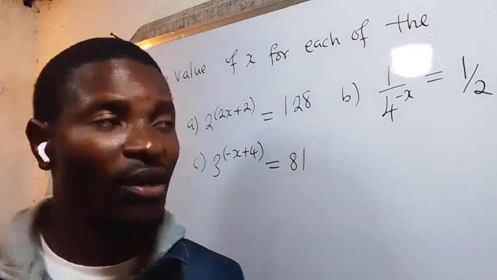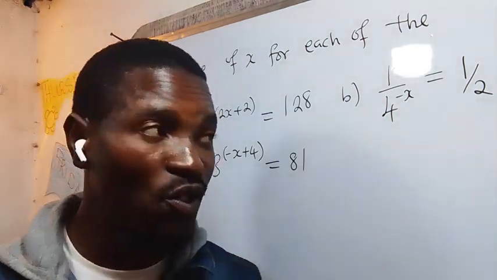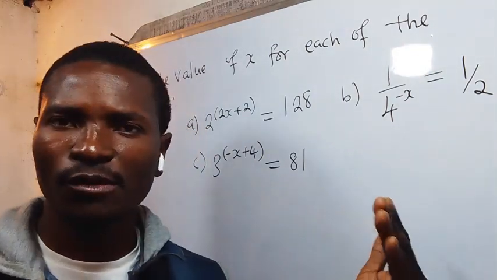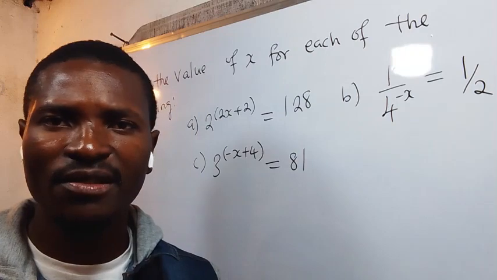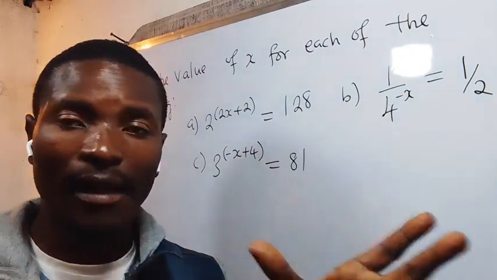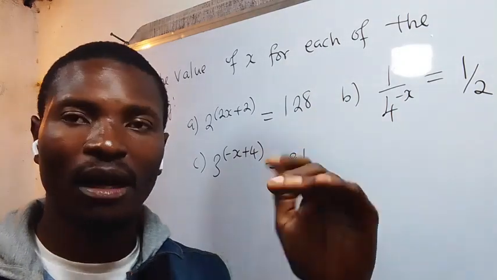Now, one of the most important things that you need to understand about the laws of indices is that there is the law of product. When you're multiplying numbers that have the same base, you add the powers. When you are dividing numbers of the same base, you subtract the powers.